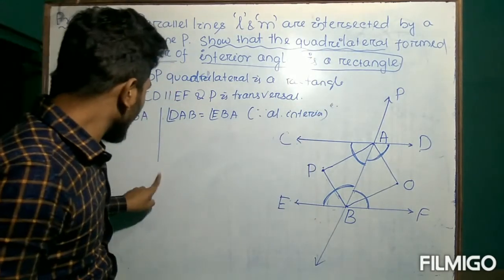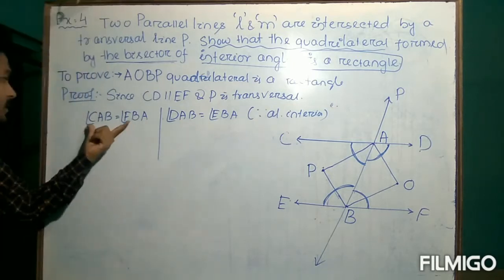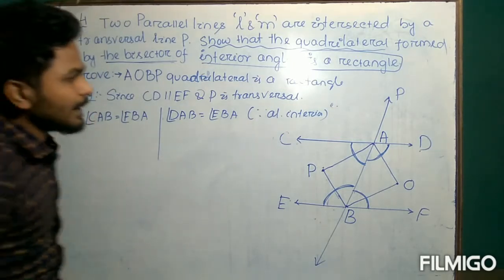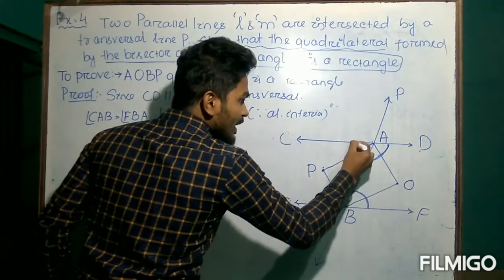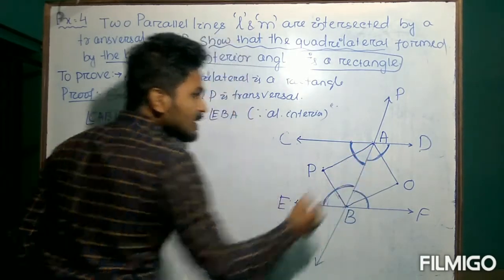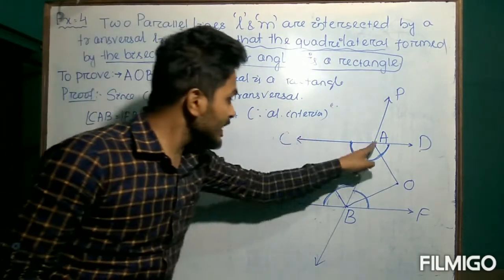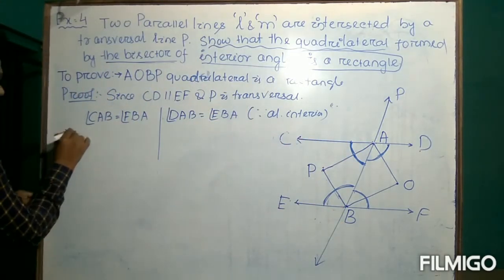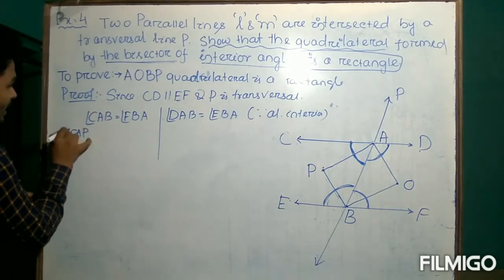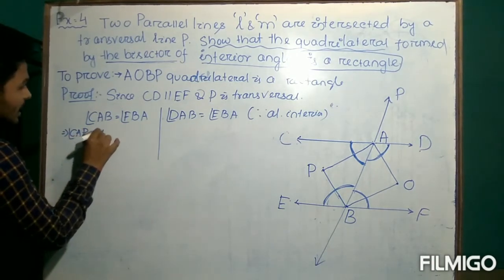Done. Now consider these two angles. Angle CAB can be written as this angle plus this angle. Clear? So CAP plus PAB.